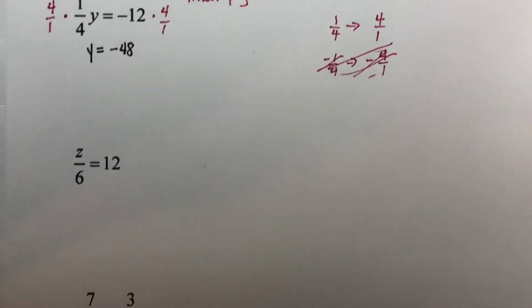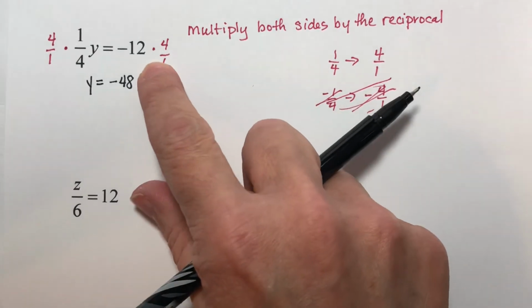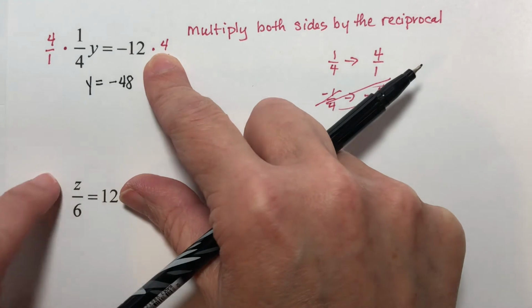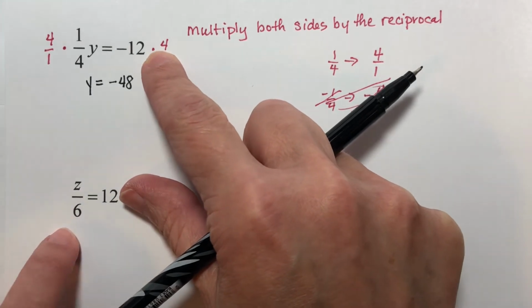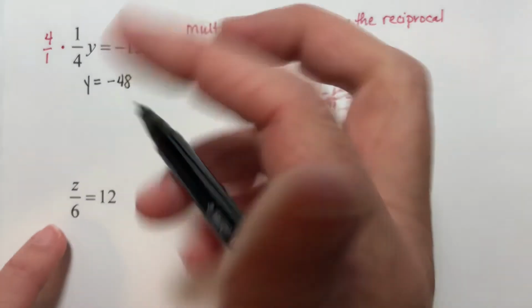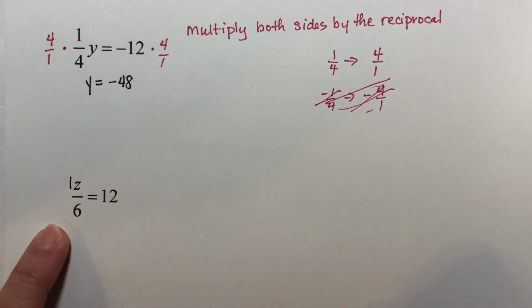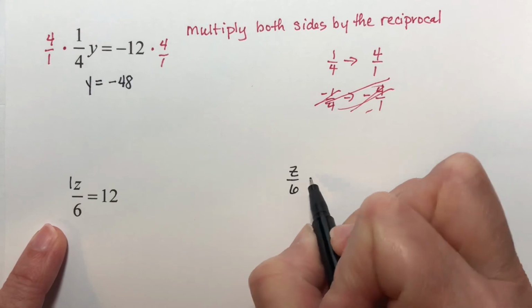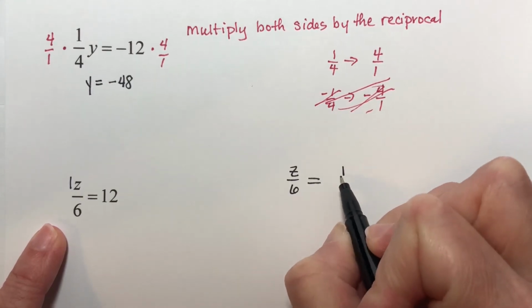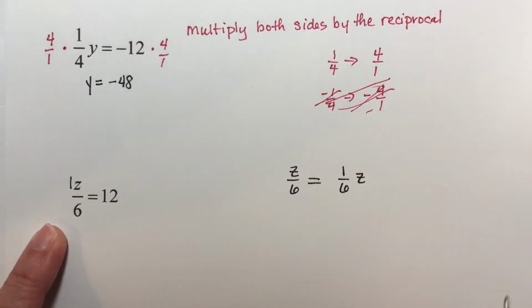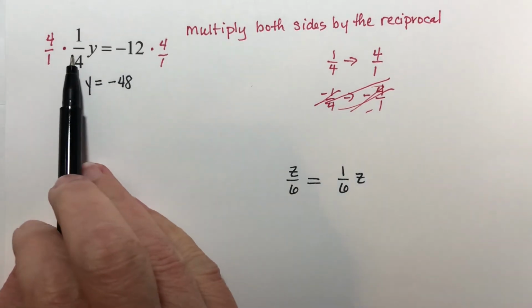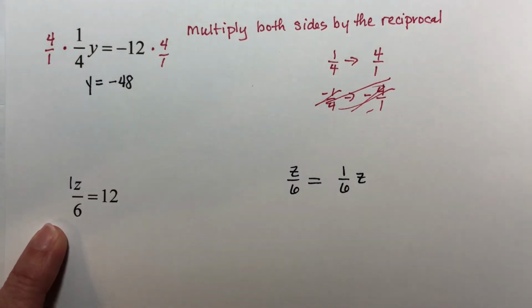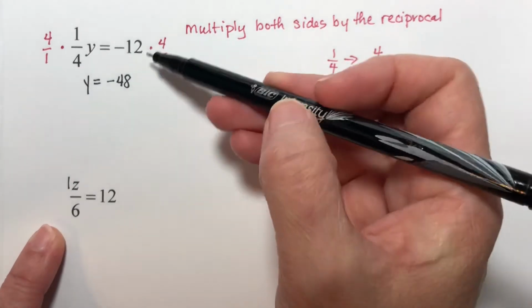Okay. This one looks fundamentally different from this one, because it doesn't look like we have a fraction. It looks like we're just dividing this number. But this is exactly the same thing as this. There's a 1 right there, understood? I can write z over 6, which is exactly the same thing as 1/6 times z. I could have rewritten 1/4 y as y over 4, and that would be the same thing. So it's exactly the same kind of problem.